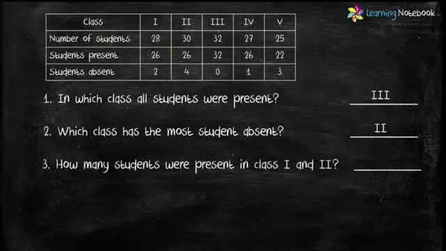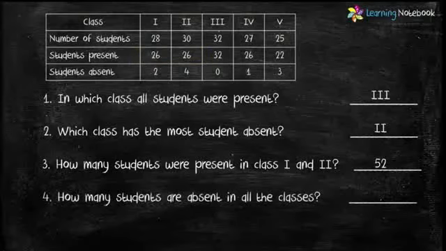Question number 3 is, how many students were present in class 1 and 2? Here we have to find total number of students present for classes 1 and 2. So let's add students present in class 1, which is 26, and students present in class 2, which is 26. So 26 plus 26 equals 52.